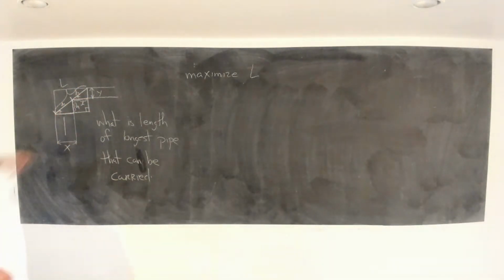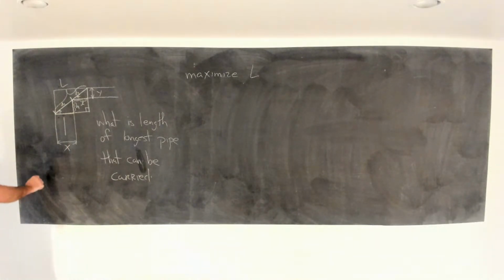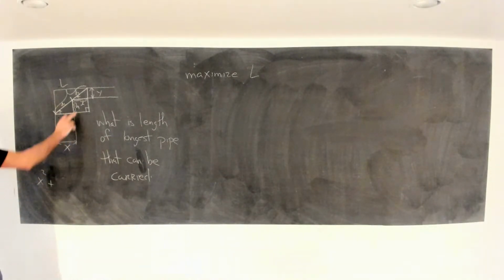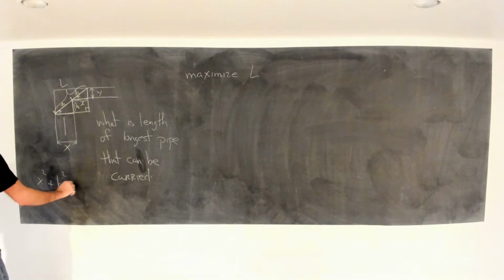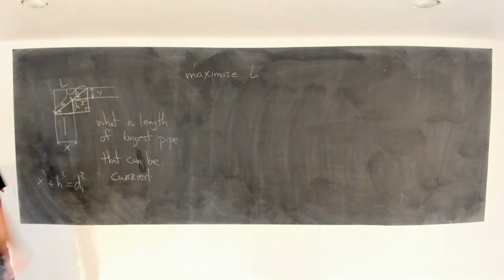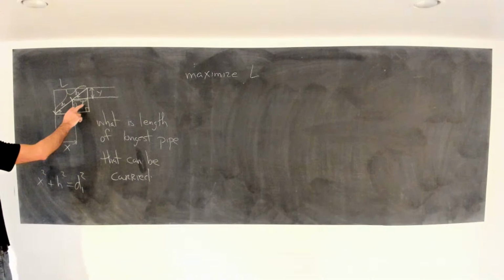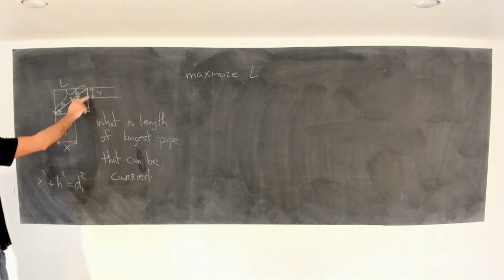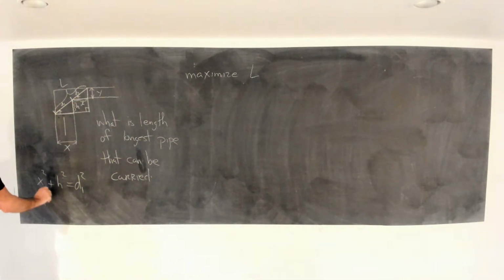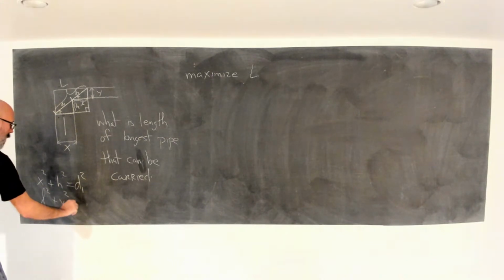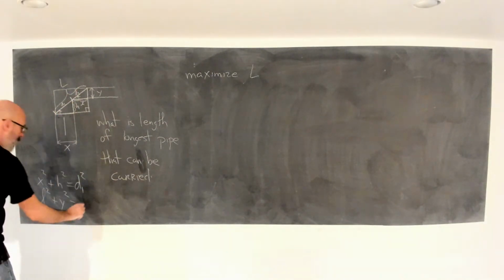By the Pythagorean theorem, x squared plus h squared is equal to D1 squared, and also L squared plus y squared is equal to D2 squared.